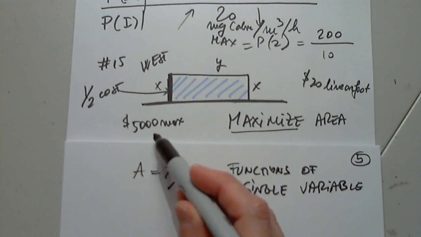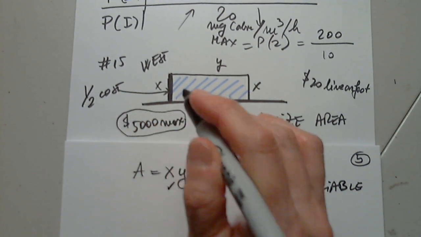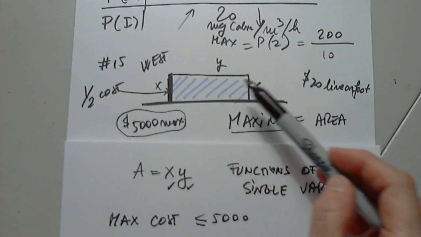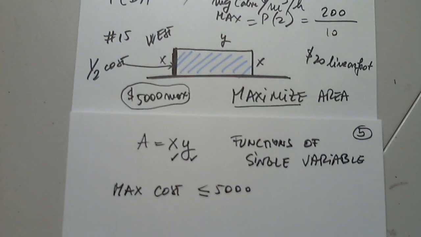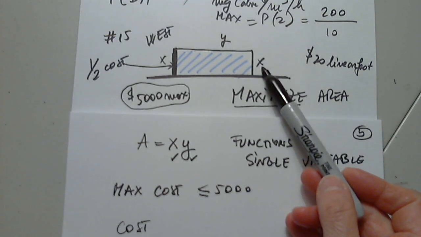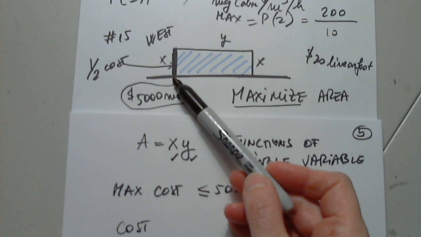So the problem here is that the cost for the neighbor is less than or equal to 5,000. So we have to pick up the rest of the cost. What will be the cost? The total cost for the fence will be x plus y plus x.